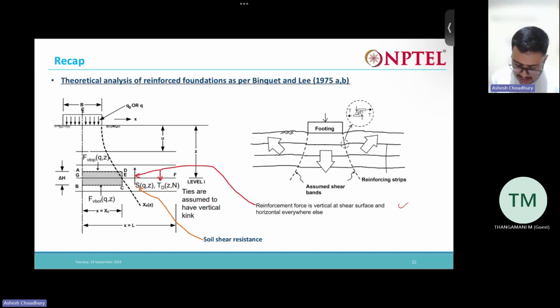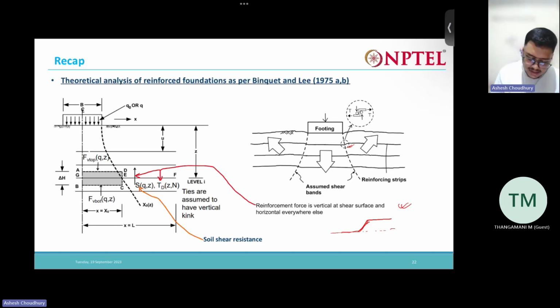At the verge of when the loads are acting, a kink develops here, at the interface where the shear stress is maximum. So the reinforcement is not actually straight. Initially it should be straight, but due to the load, a kink forms on the reinforcement.